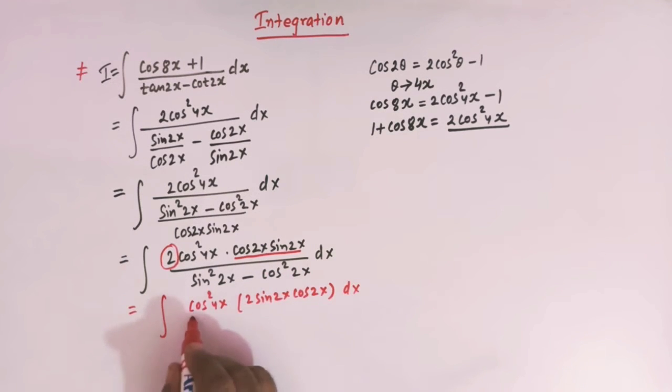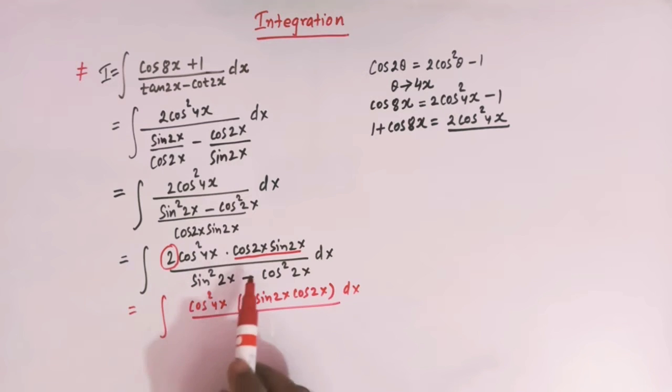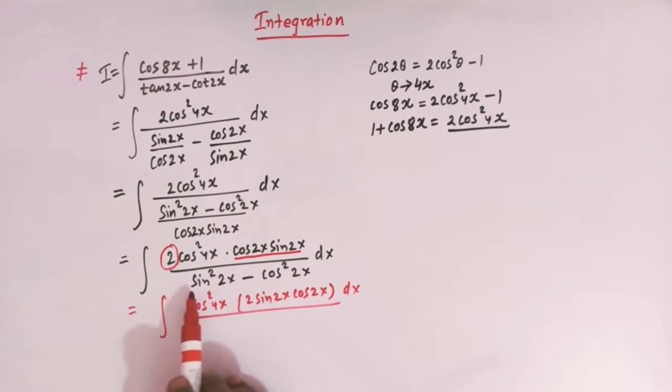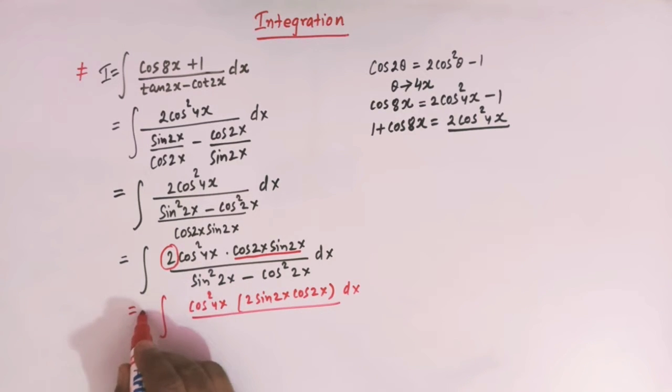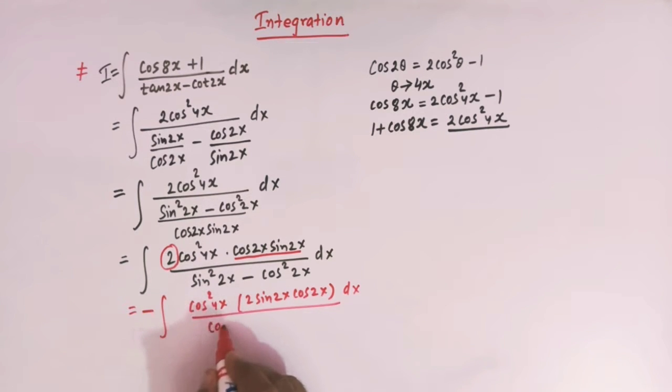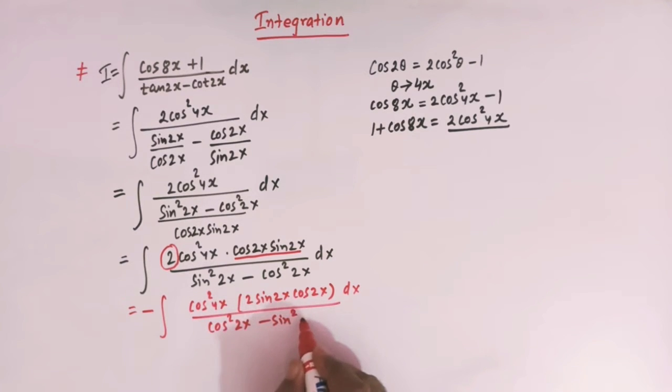In the denominator, if we take the negative sign common, we can take the negative sign outside the integral. So we have cos²2x − sin²2x.